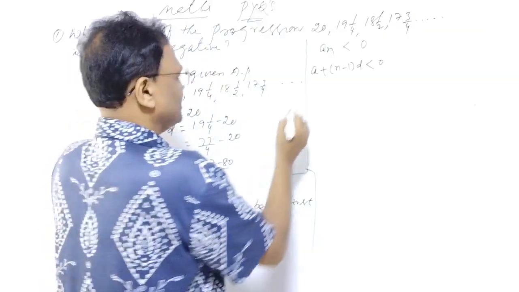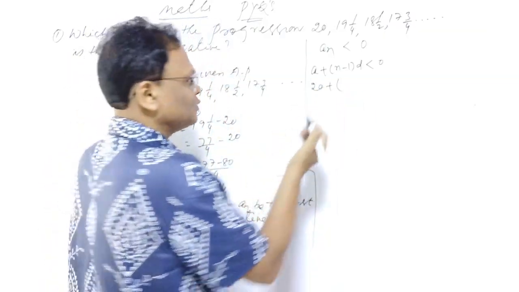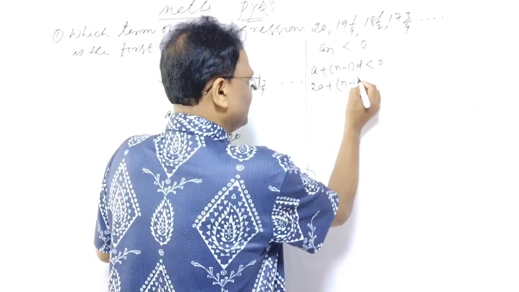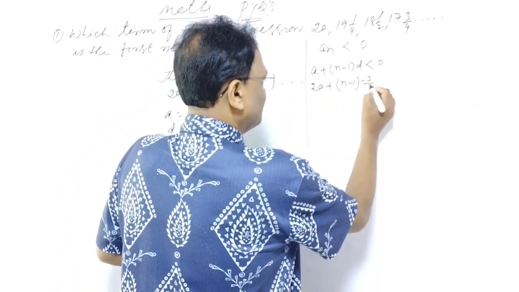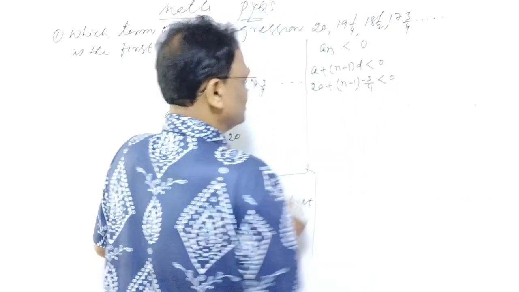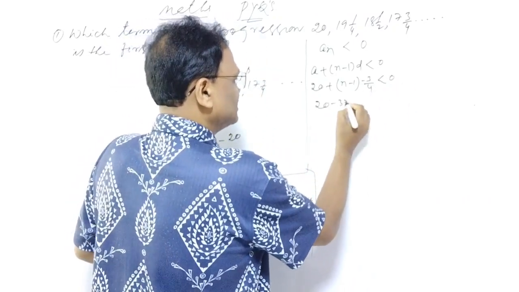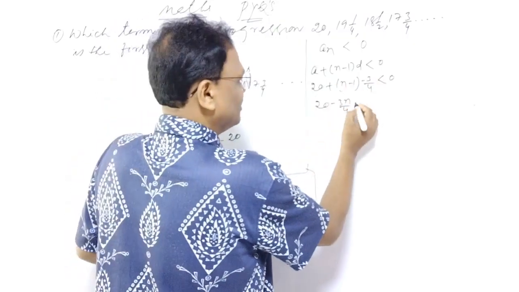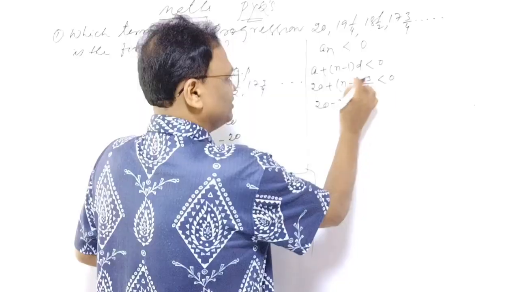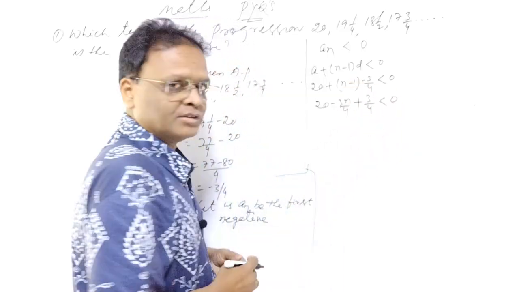But what is a? a is 20, plus (n minus 1) times d, and d is already minus 3/4. This would be less than 0, so 20 minus 3n/4 plus 3/4 is less than 0.